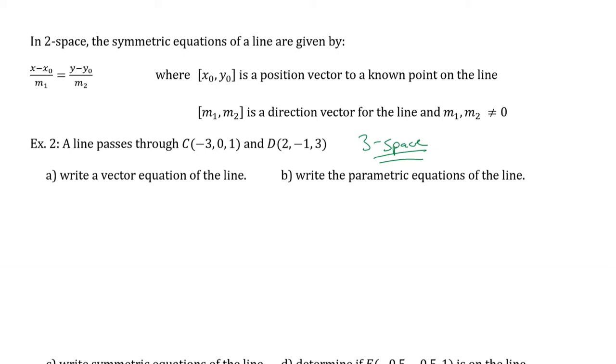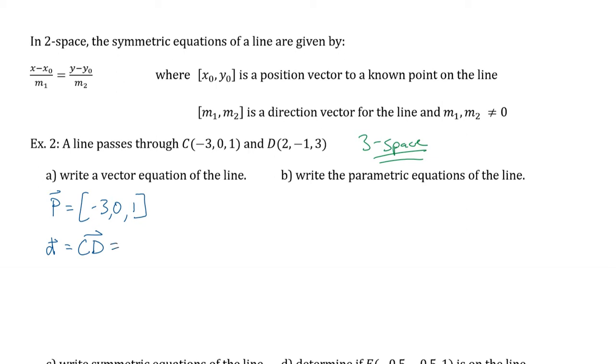So how do we write the vector equation of a line? It's the same thing. To write a vector equation, we need a position vector and we need a direction vector. Well, a position vector goes to a known point on the line. So my position vector can be the vector from the origin to either C or D. Doesn't matter, right? So I'll pick C because it's first. And I need a direction vector. Do you remember what we talked about yesterday? The direction vector is going to be a vector between the 2 given points, just like we would find the slope between 2 given points, right?